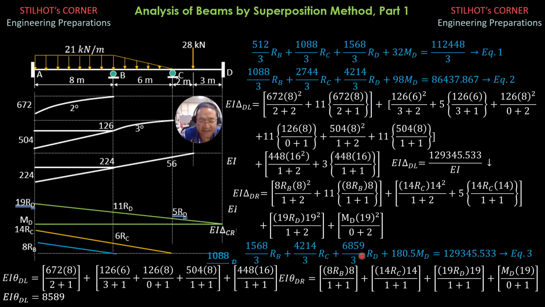Now simplifying and equating it to EI theta D left, which is 8589.